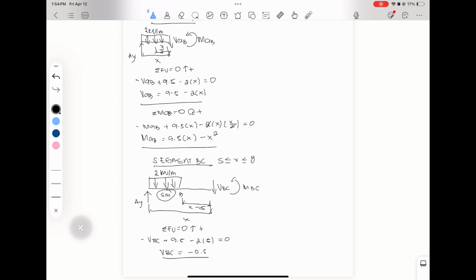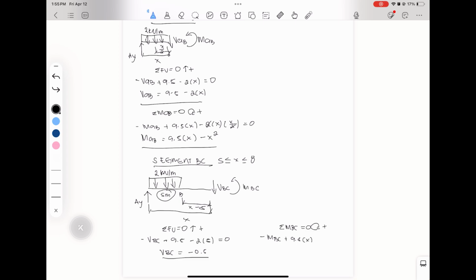Now next is the moment. So summation of moment BC is equal to 0. Clockwise is positive. Now negative MBC. Then the distance for AY is x, so plus 9.5x because it is clockwise. So you can see clockwise.